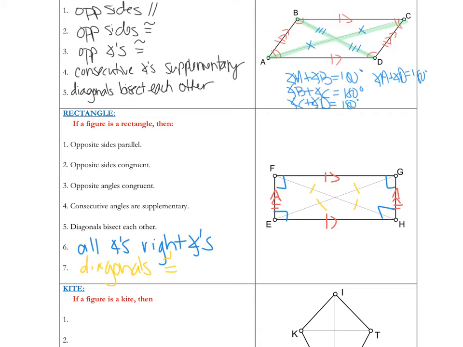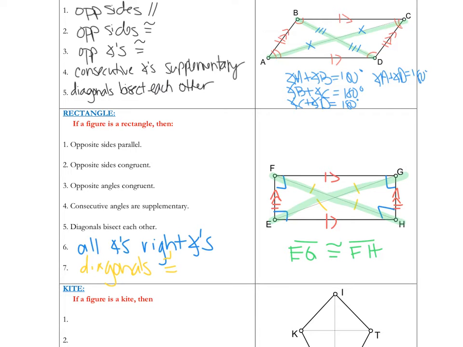So we would say that diagonal FH is congruent to diagonal EG. So EG is congruent to FH. And then notice that I only used 1 tally mark for all these because all of these sections are congruent.